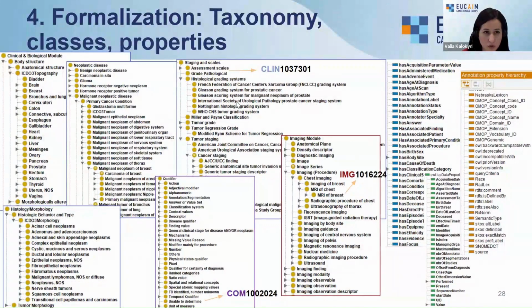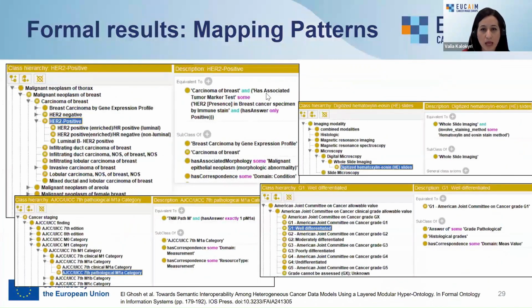object properties, data properties, annotation properties. However, apart from the taxonomy itself and the hierarchy, what is important is these mapping patterns that we have in the ontology.